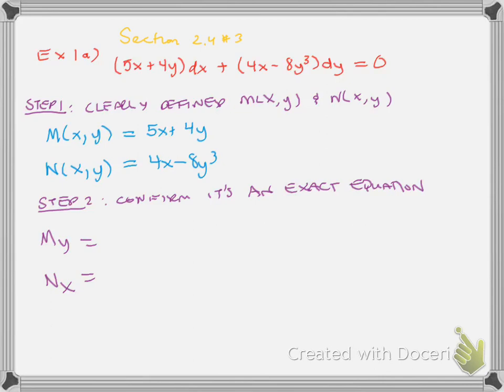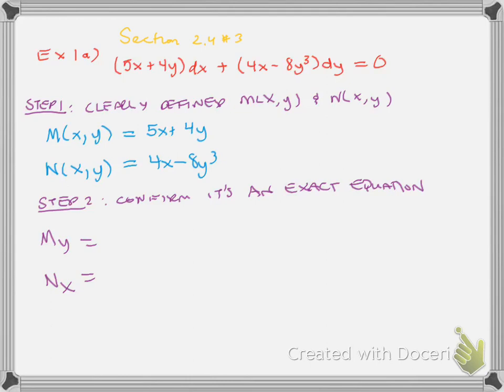If they are not equal, make sure you did it correctly, but if they're still not equal, that means it's not an exact equation. You can't proceed as usual, and you need to go back to see whether maybe it's linear, maybe it's separable. Well, this is exact. So we learned three types, and there's another one.